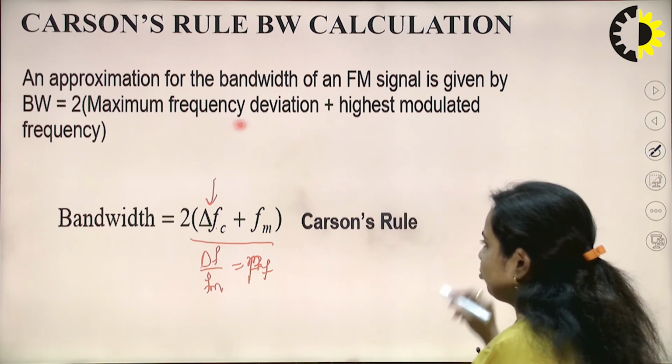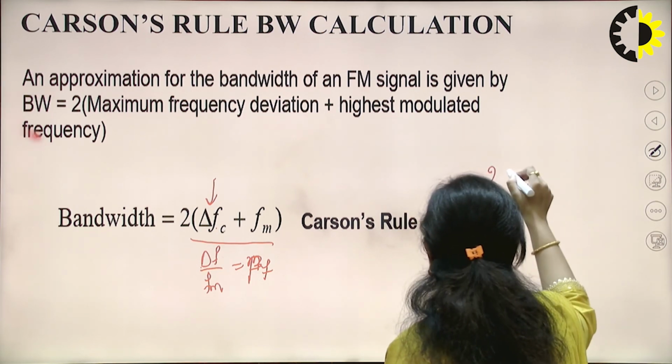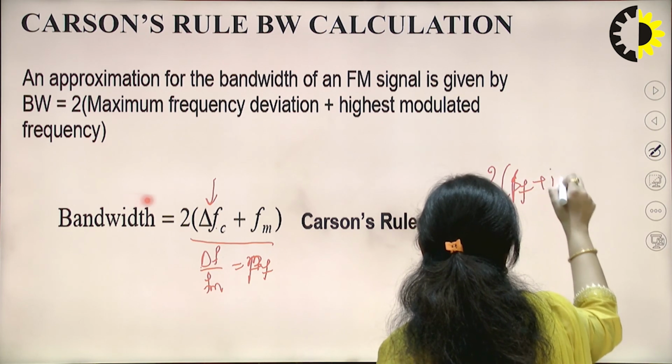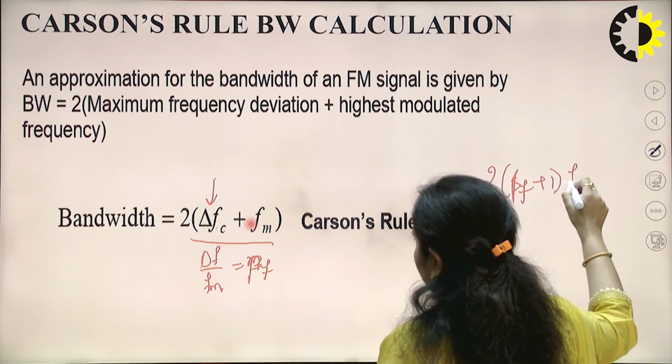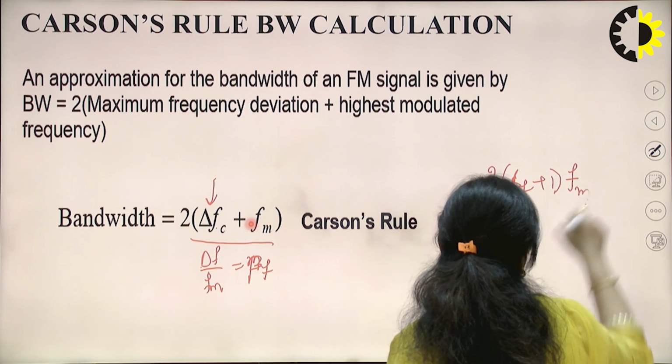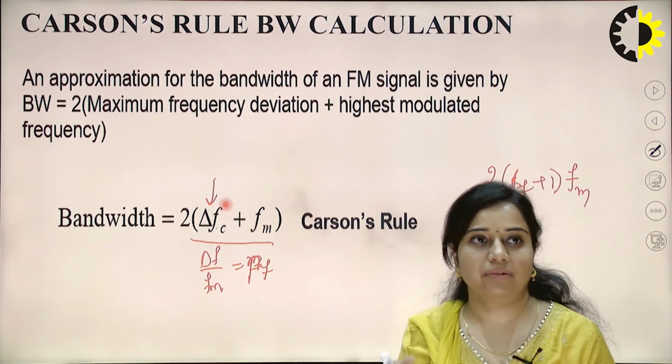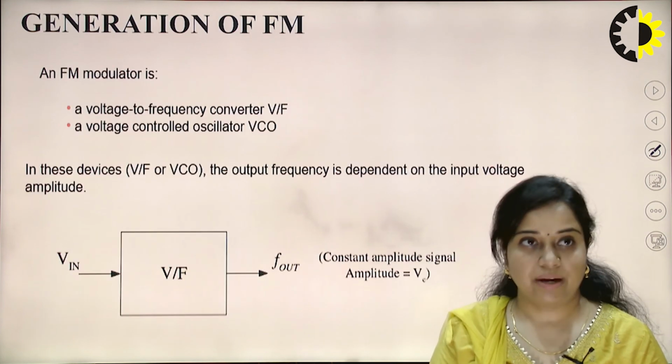So, we can also write this formula as 2 times beta f plus 1 into fm. So, this formula can be reduced to this particular formula. That will be Carson's rule for bandwidth calculation.